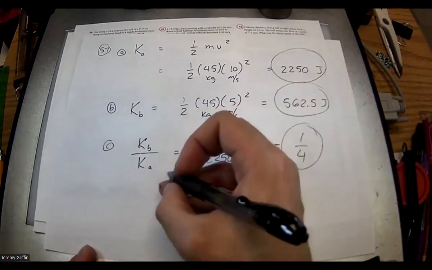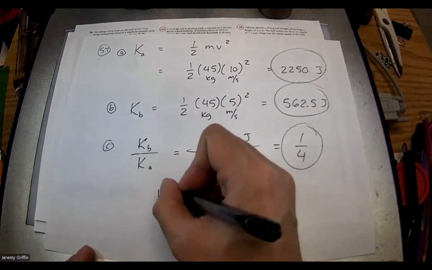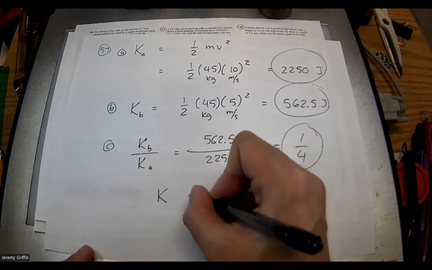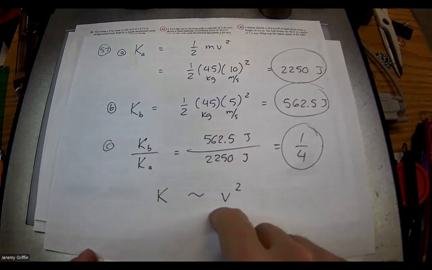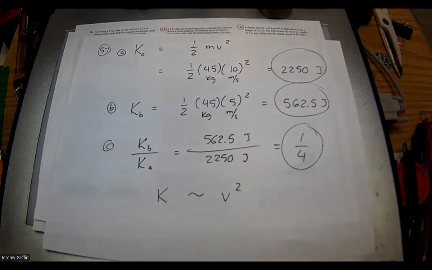You might want to write a sentence explanation, but at the heart of it is some version of this: kinetic energy is proportional to the square of the speed. So if you have half the speed, 1/2 squared is 1/4, and you end up with a quarter of the kinetic energy. Remember we were talking about this with a car braking to a stop? We sort of did the reverse.